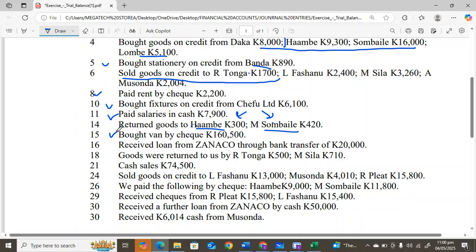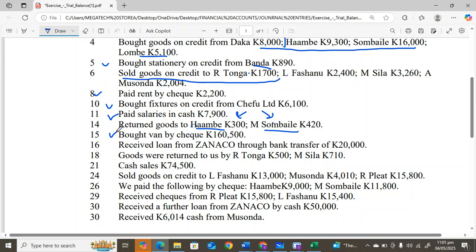Bought van by cheque, 160,500. Yes, motor vehicle account.